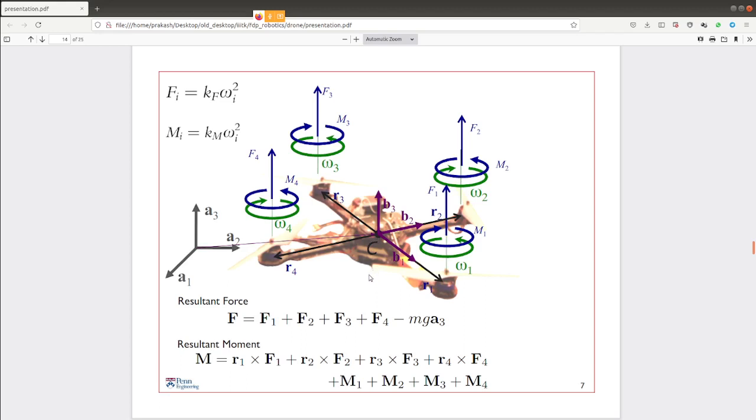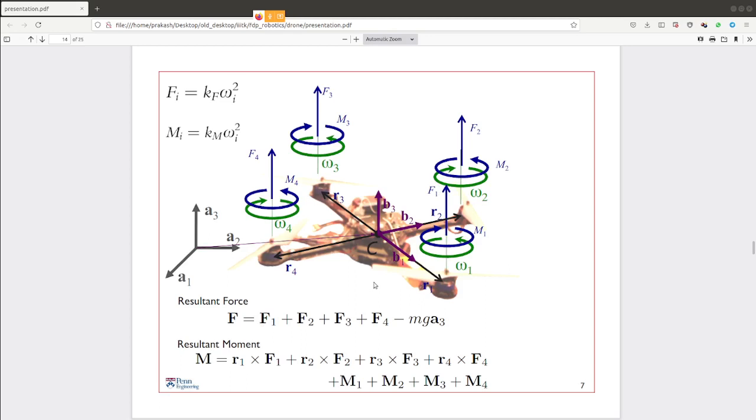So what is the total force? I have to sum all the forces, the vectorial sum, which is F1 plus F2 plus F3 plus F4 minus mg, minus because it's acting in the opposite direction.